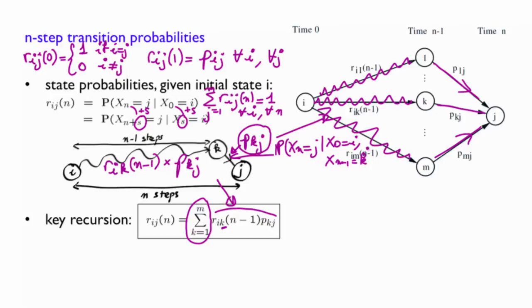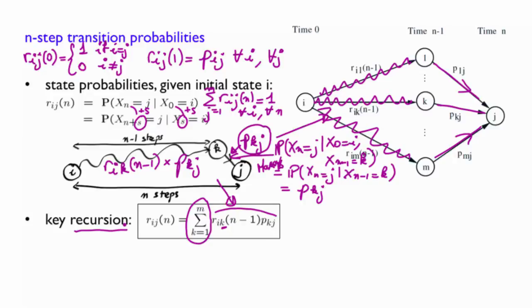And that probability is equal to the probability of X_n equals j given the last state, that is due to the Markov property. And this is p_kj.